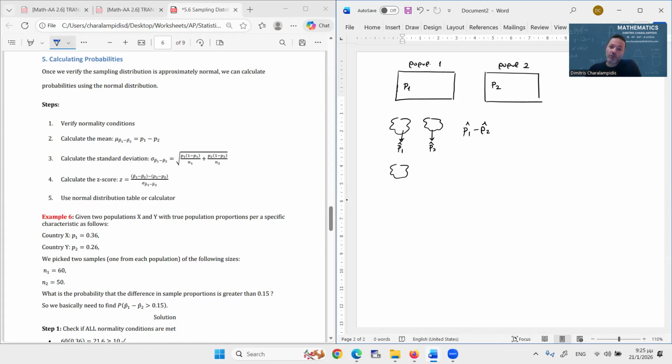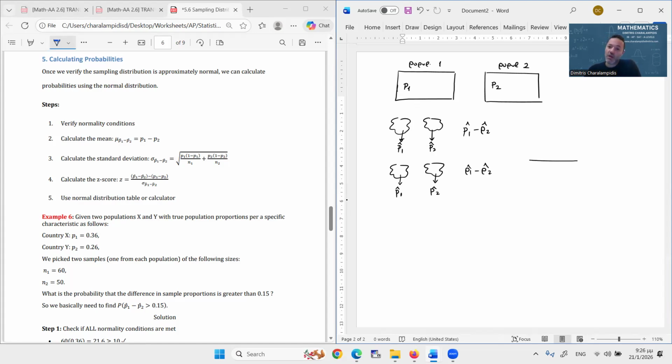We kept doing that for all possible pairs of samples, always writing down the same differences, p1 hat minus p2 hat.